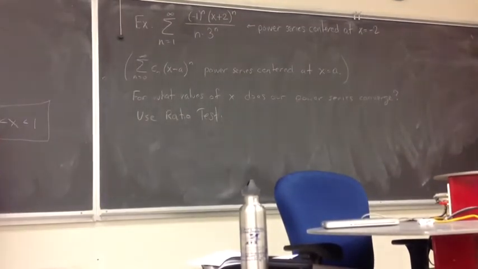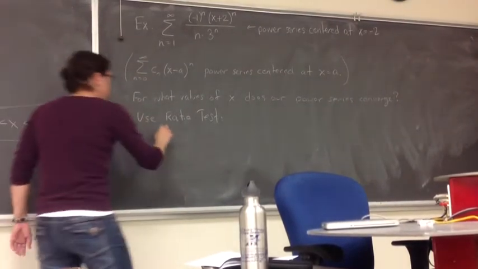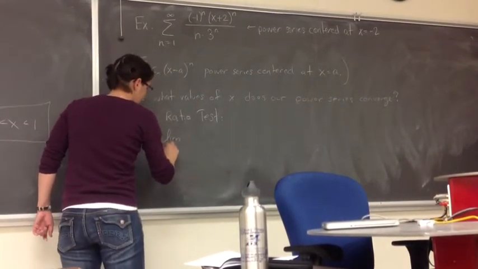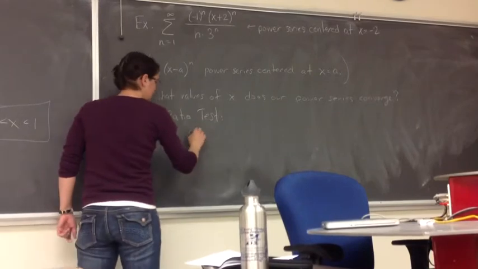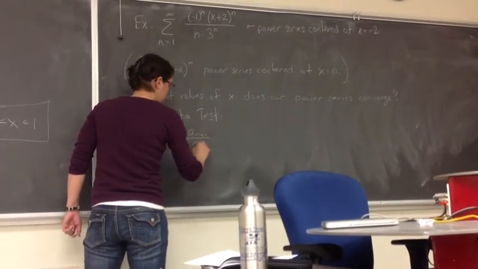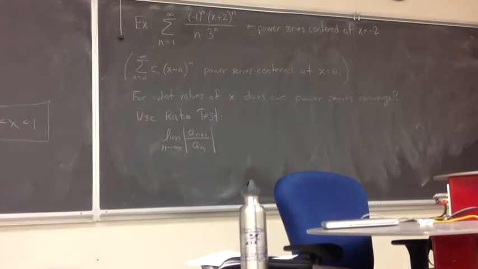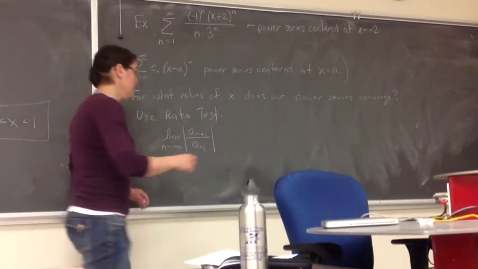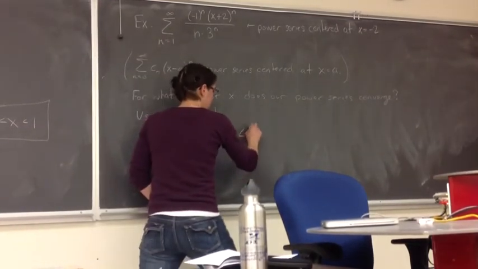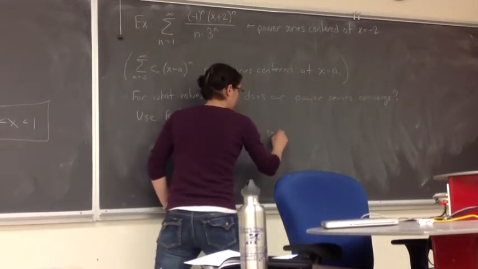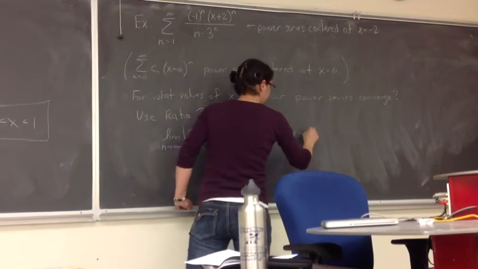Now, the ratio test says that I want to look at the limit as n goes to infinity of the n plus first term divided by the nth term and take the absolute value of that. And we want to evaluate that. If this value turns out to be less than 1, then the series converges.